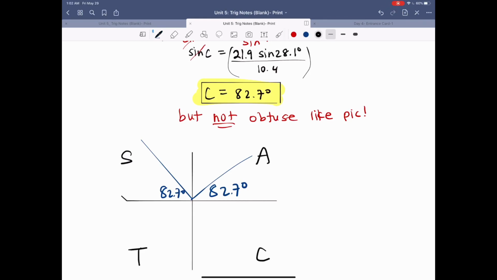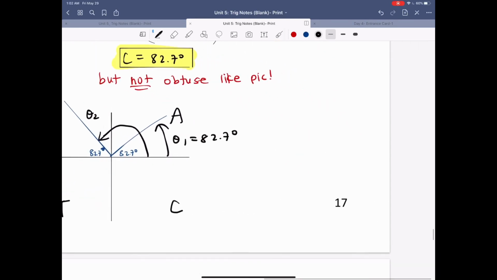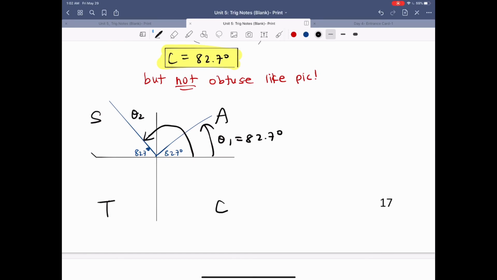But if my theta 1 is equal to 82.7 degrees, my theta 2 is equal to, well, not 82.7, but the way I get it is by doing 180 minus 82.7, and that is for angle C.